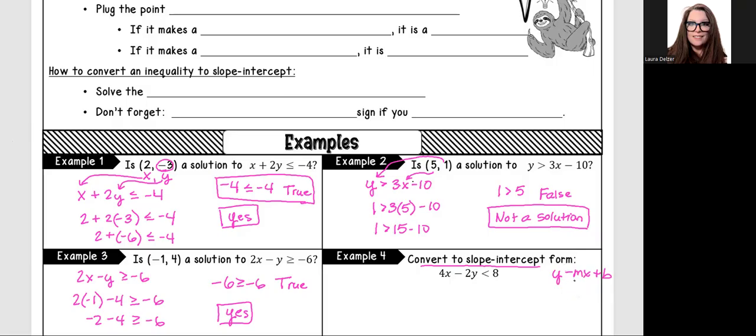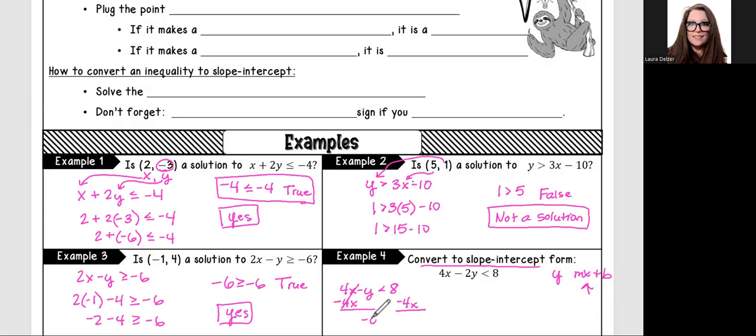So we're looking for the y to be on the left-hand side and the mx plus b to be on the right. Okay, so I've got 4x minus y is less than 8. I'm going to move my 4x over because it's on the left-hand side. I've got to get it over here. That cancels.